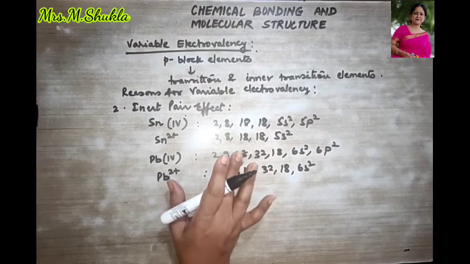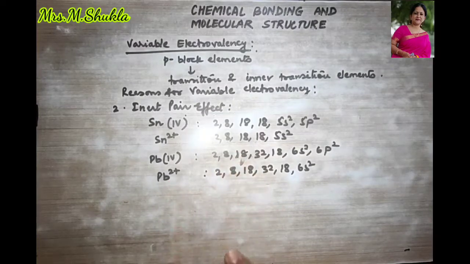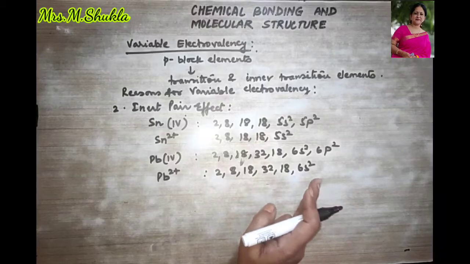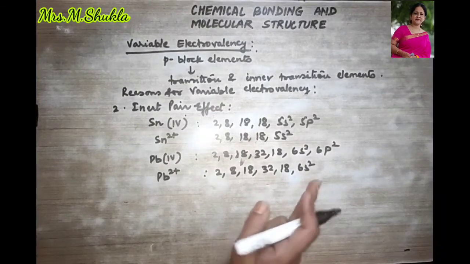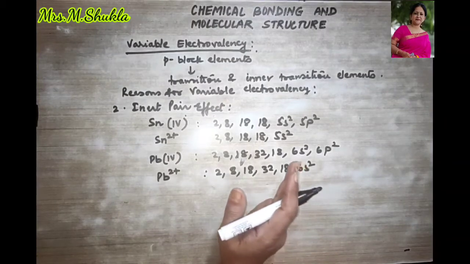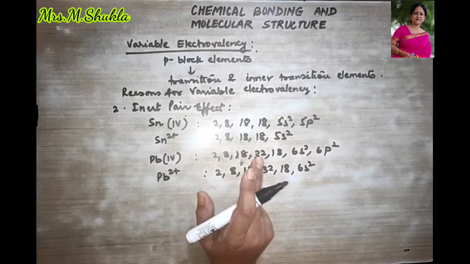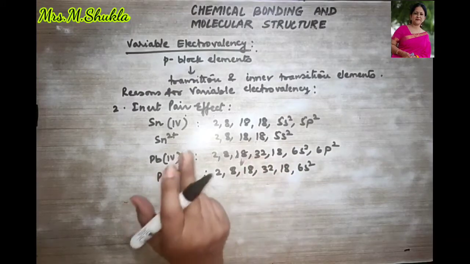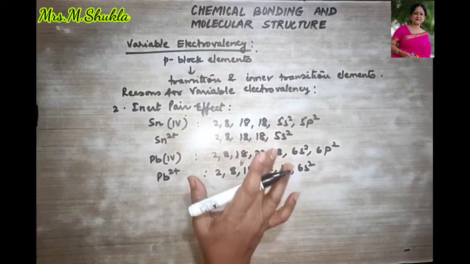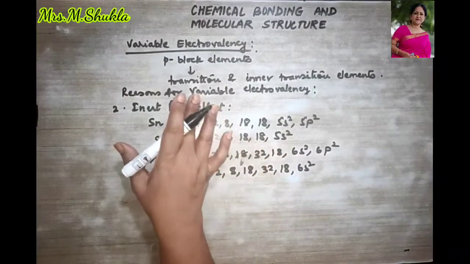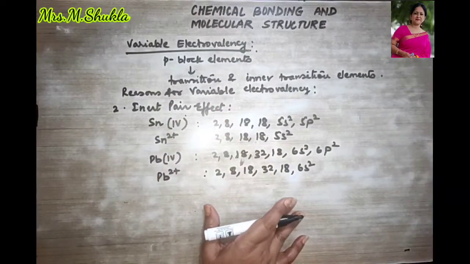So inert pair effect is caused due to the penetration of ns2 electrons to some extent to the penultimate shell containing 18 electrons, thereby which are attracted strongly towards the nucleus. So I hope this inert pair effect is also clear to you.